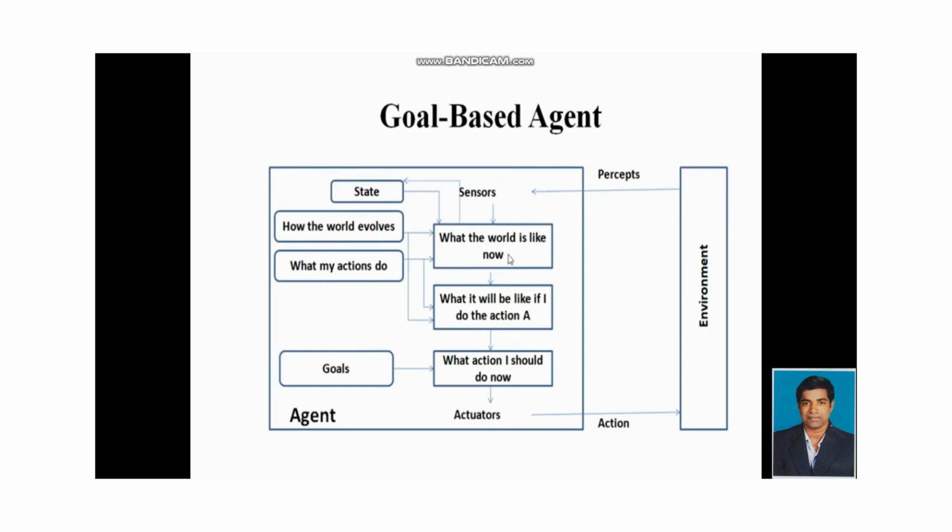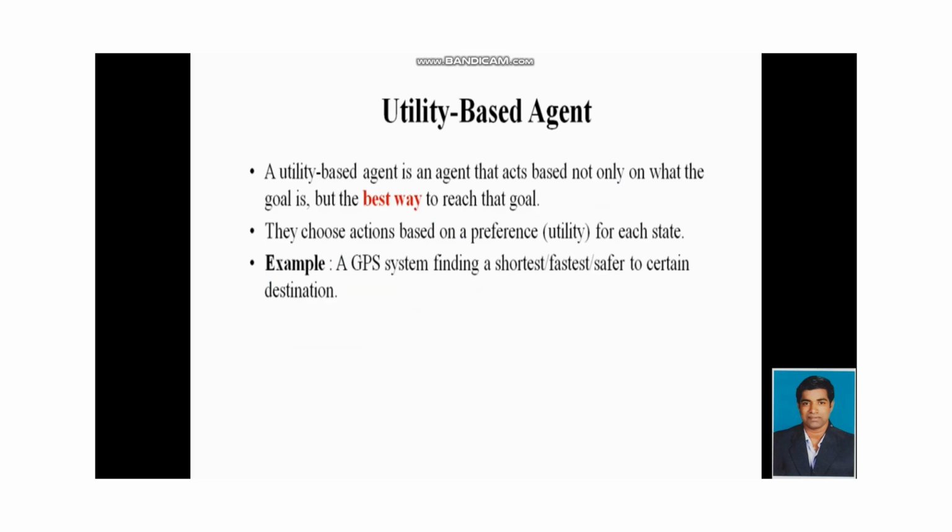All those parameters we are giving as input. Then, what it will be like if I do action A. Then I am taking action based on the goals: what action I should do now. That action is given to the actuator and performed on the environment.